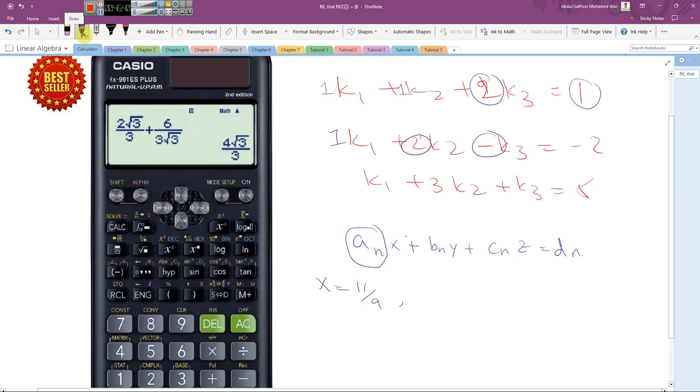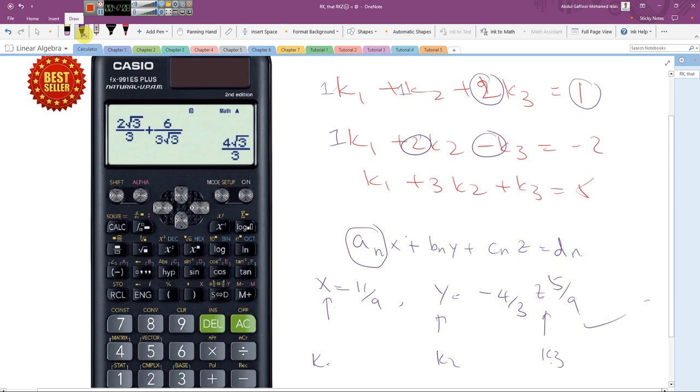Then if you press equal again, y will be given, y is equal to minus 4 by 3. Then if you press again, z is 5 by 9. So our x is k1, our y is k2, and our z is our k3. So we have found this value.